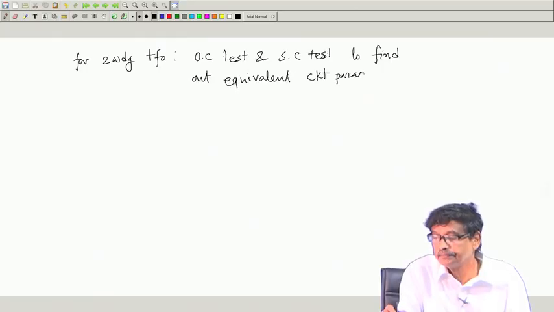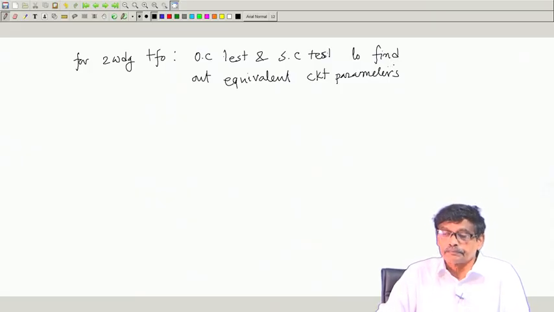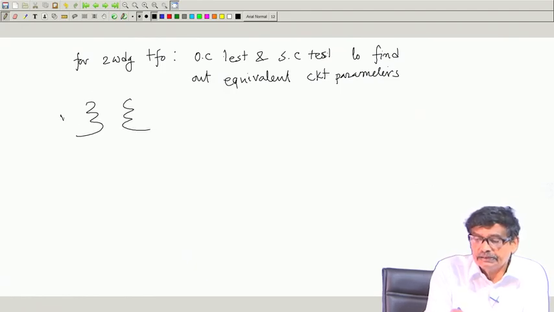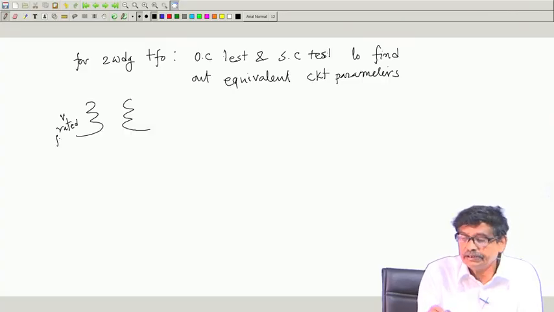And I told you during open circuit test, you apply rated voltage V 1 rated at rated frequency, secondary is open.